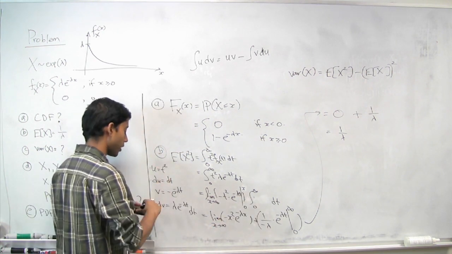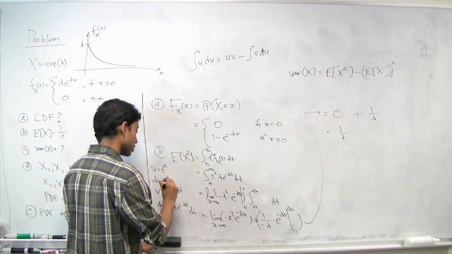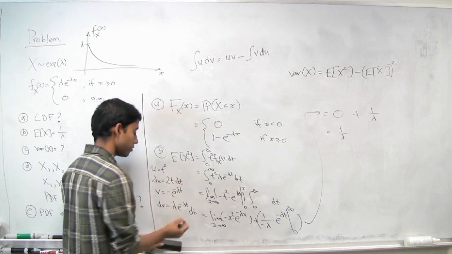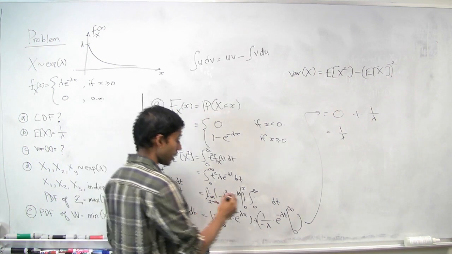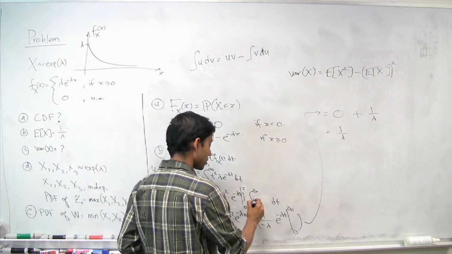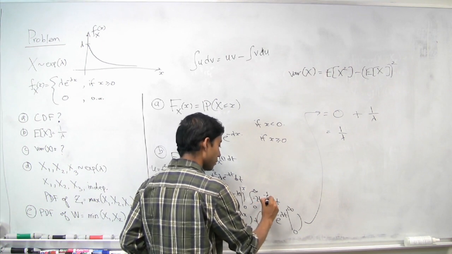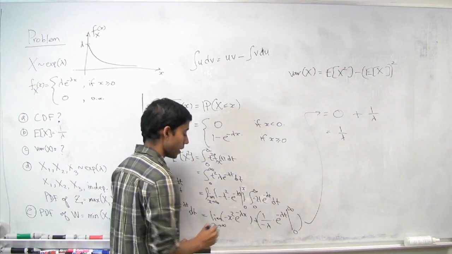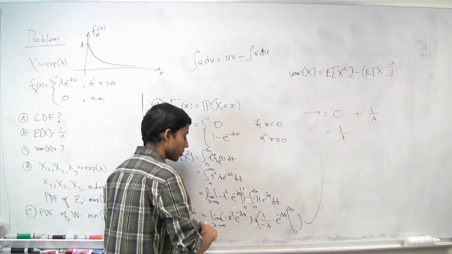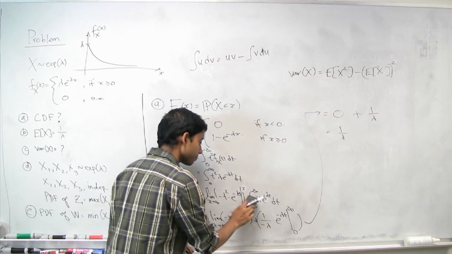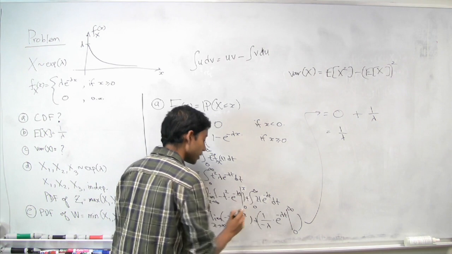So u is going to be t squared, and the derivative is going to change to 2t dt. V is going to be exactly the same. And so in this term, we get negative 2t e to the minus lambda t. But there's a negative sign out here, so the negatives cancel, and we're left with a positive sign here.